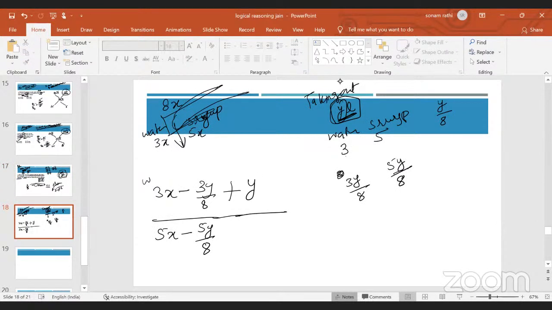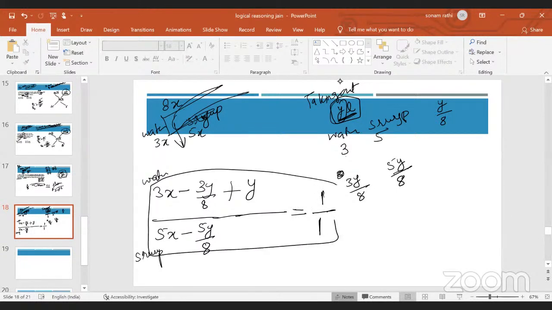This is water, the top one, and the bottom will be the syrup. And this should make the ratio 1:1. By doing this, you're removing and then adding. Now you have to do the solving.